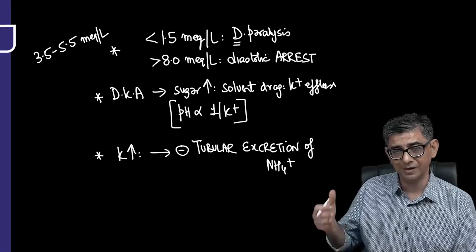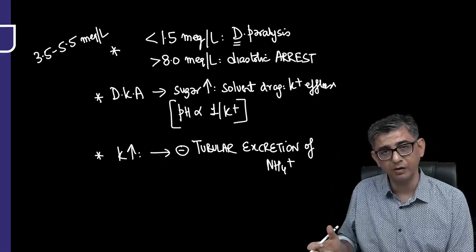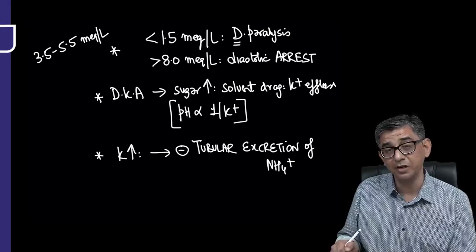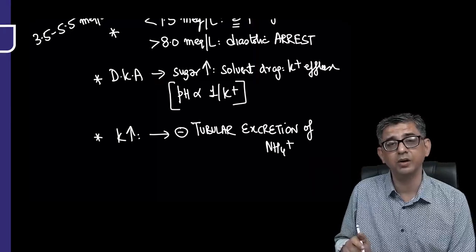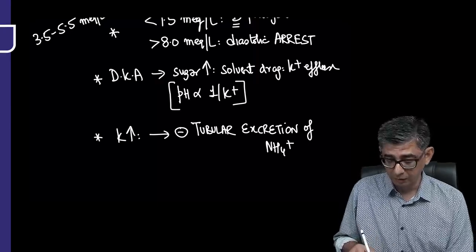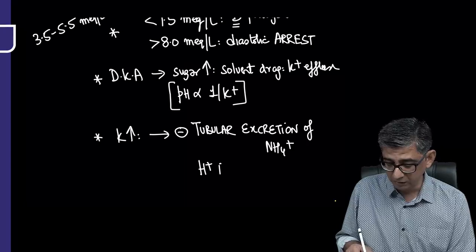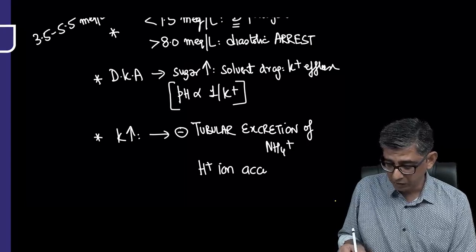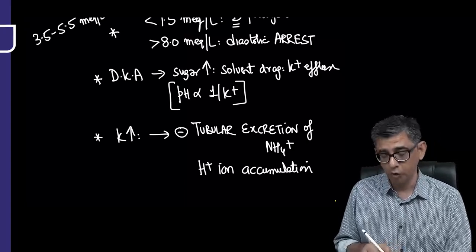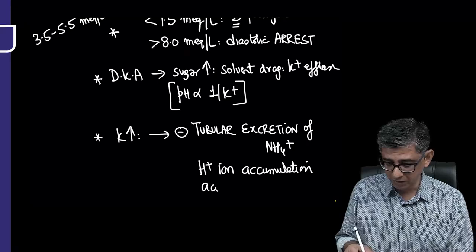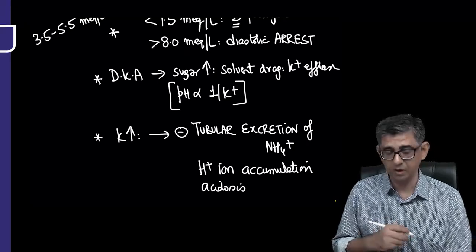With more positive charges, the kidney is trying to reduce the number of positive charges in the urine, and therefore a brake is being applied for the release of hydrogen ions. And because you are not having a release of hydrogen ions in the body, there's going to be hydrogen ion accumulation, and that will explain why you read about acidosis being associated with hyperkalemia.